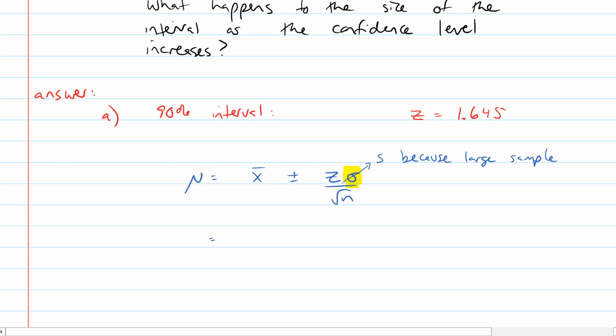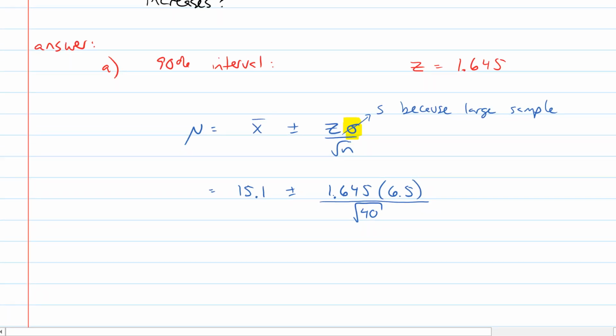And now we have done all the thinking that we need to do. We're just going to plug in some numbers. Our x bar, we said the mean was 15.1 hours, and we're doing plus or minus the z we just found to be 1.645. Our standard deviation was 6.5 hours, and then we're dividing by the square root of n, and if you'll recall, there were 40 students.